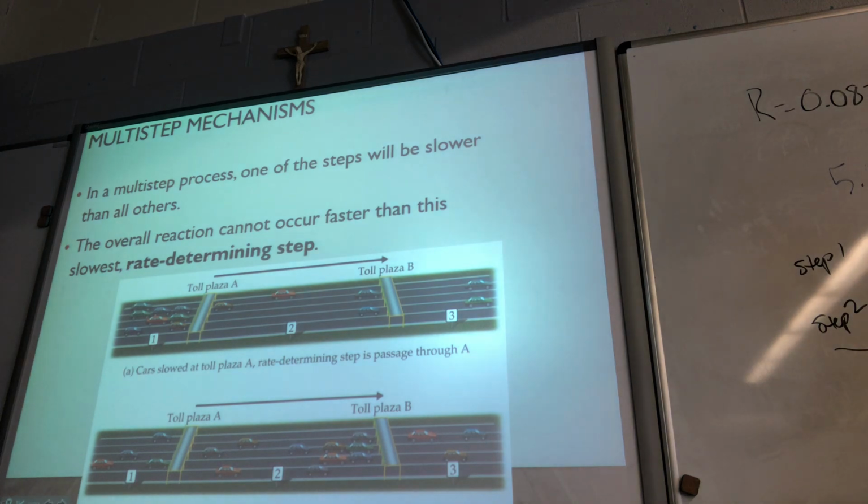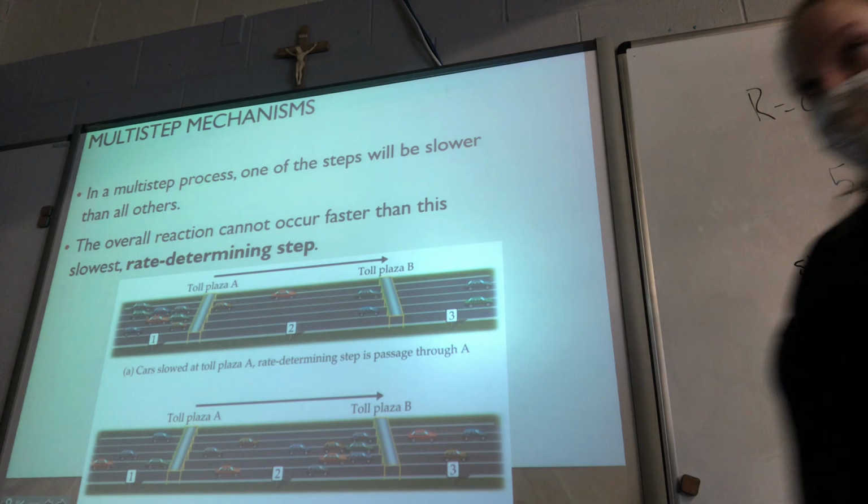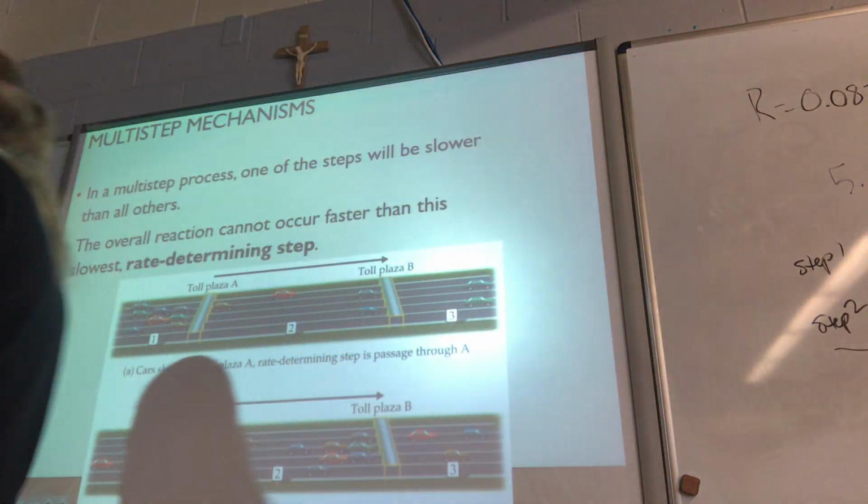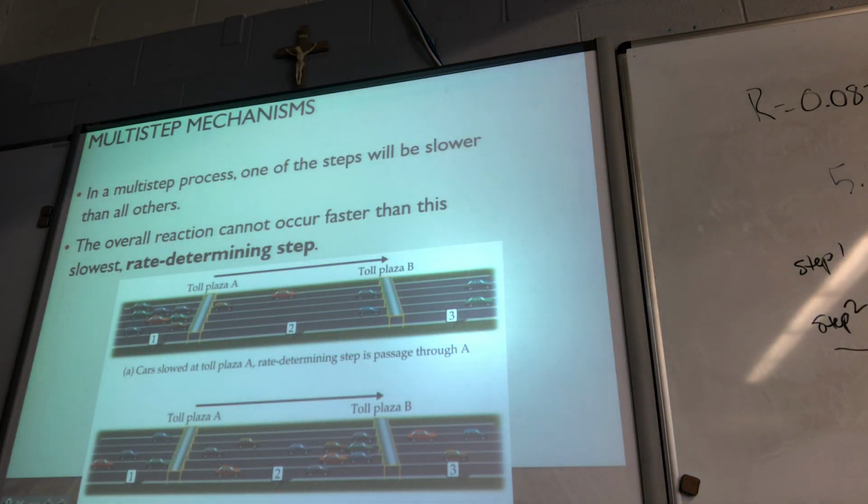All right. In a multi-step reaction, aka there's a step 1 and a step 2, just like the weakest link determines how strong your team can be, one of those steps is going to be faster than the other by definition. The slowest step is referred to as the rate determining step.